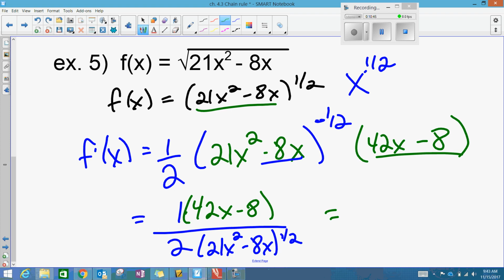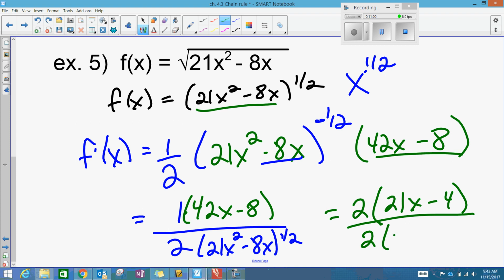So actually now to reduce it, I could write it like this. I could take out a 2 on my numerator and say 2 times 21x minus 4, over 2 times 21x squared minus 8x to the 1/2.